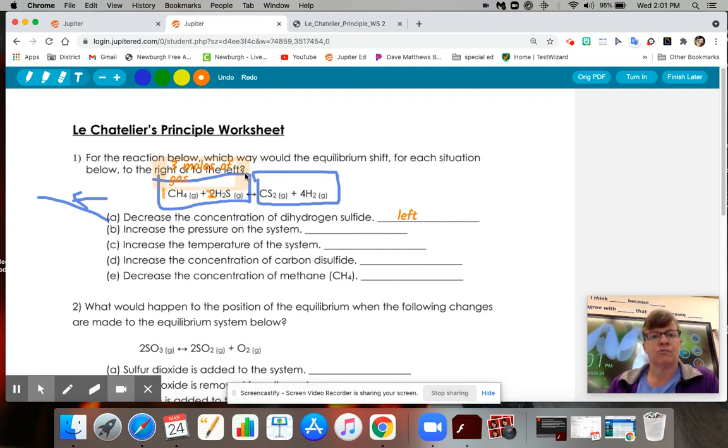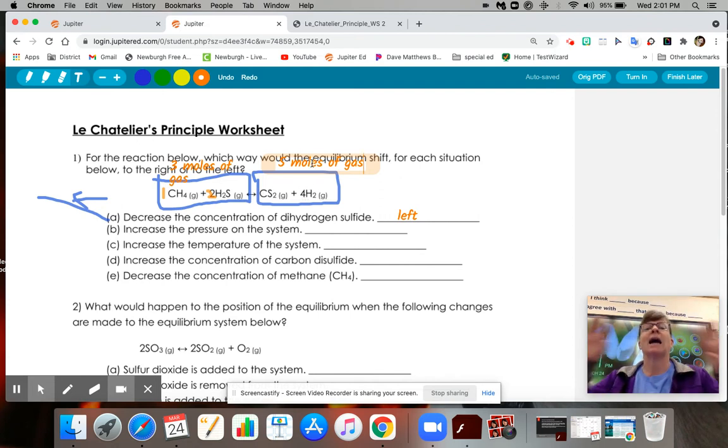Over here, these are both gases. I have 1 mole here and 4 moles here. So on the right side, I have a total of 5 moles of gas. So 1 and 2 makes the 3 moles, and here 1 and 4 made the 5 moles.